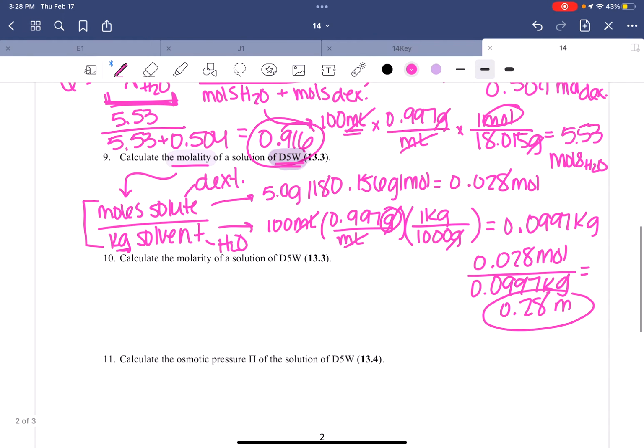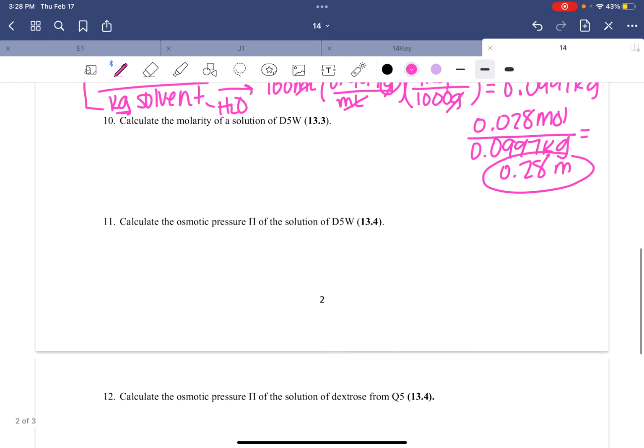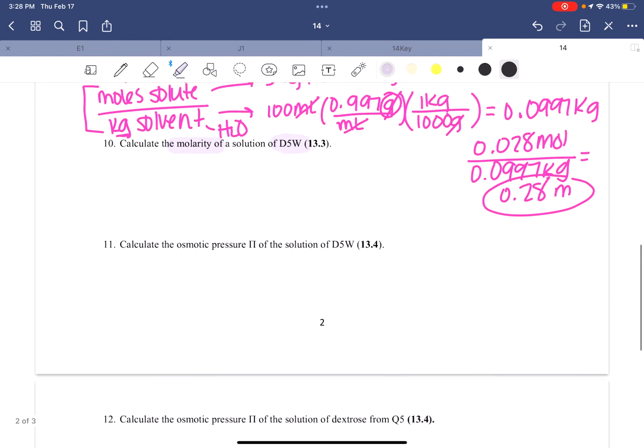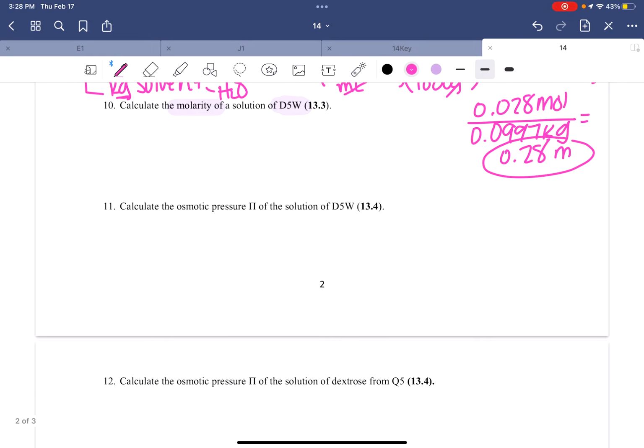Question number 10 is now asking about the molarity of the D5W solution. We're still going to use the same numbers that we used in question 9, but now we want to look at the molarity, which is moles per liter. We can use the same number of moles as we did from question number 9, so that's 0.028 moles.